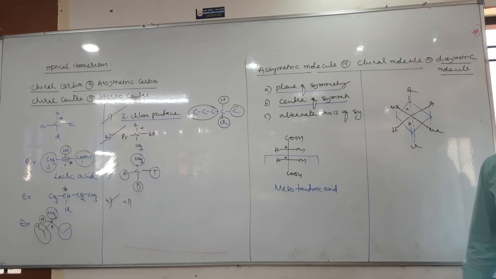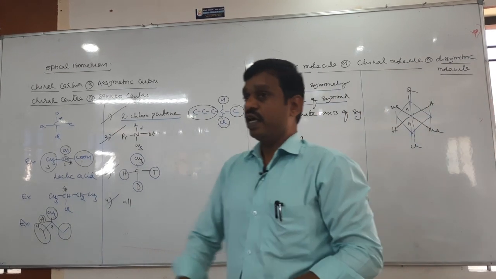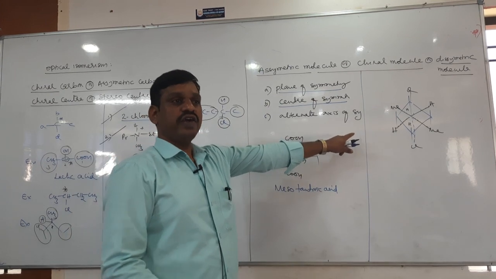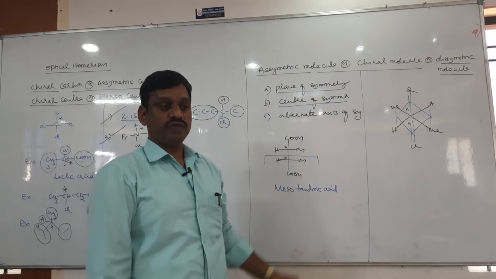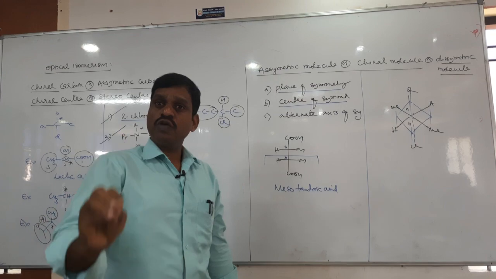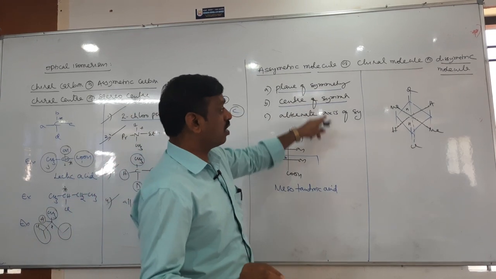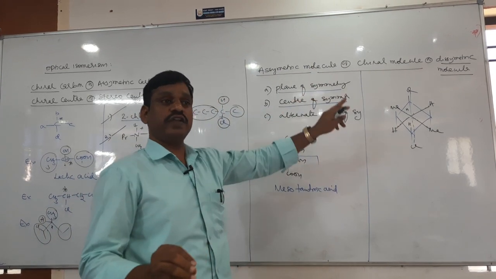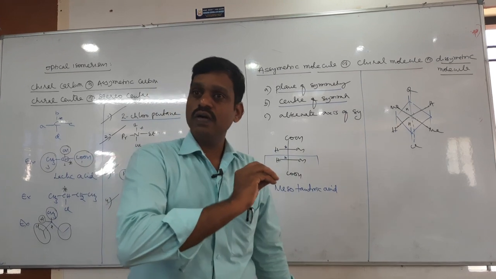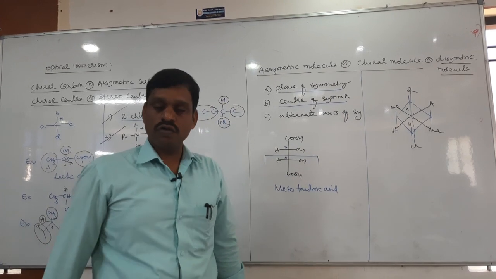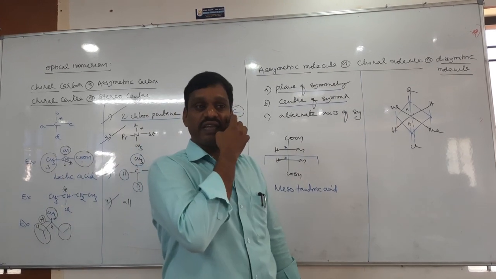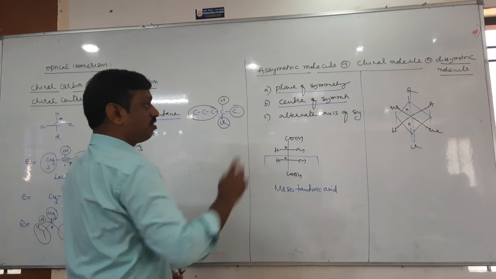Then this molecule is said to have a center of symmetry. If the molecule has a center of symmetry, it is not optically active. See, if the molecule has at least any one of these elements of symmetry, that molecule does not have what? Optical activity. Next, that is center of symmetry.